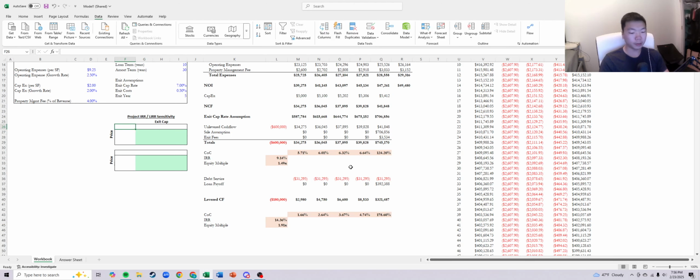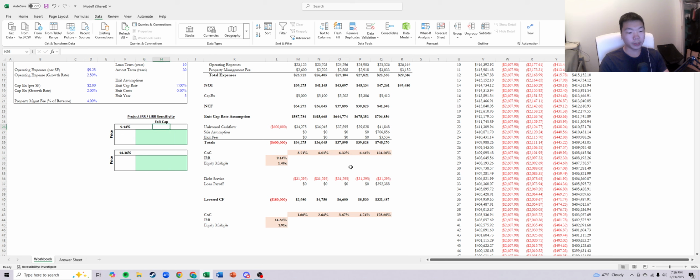Okay, so this tells us, if my exit cap or my price changes, how does that affect my IRR? That's basically what we are asking. So we'll do one for unlevered and another one for levered.